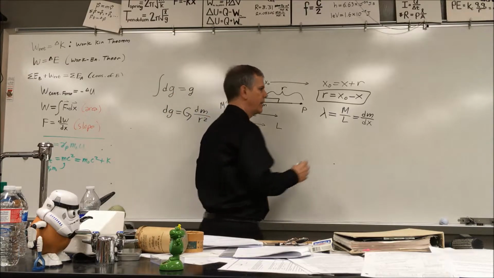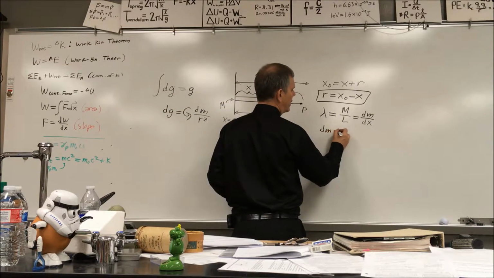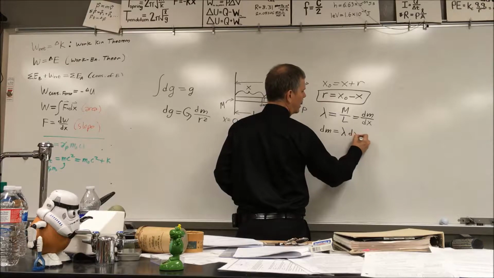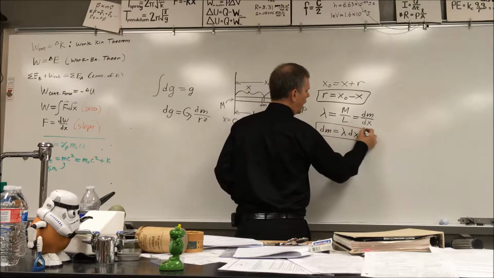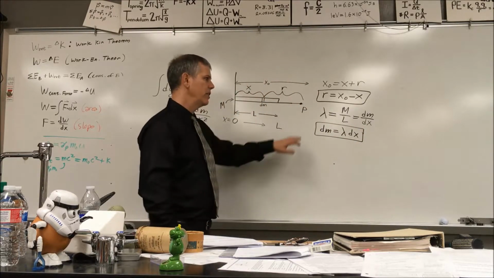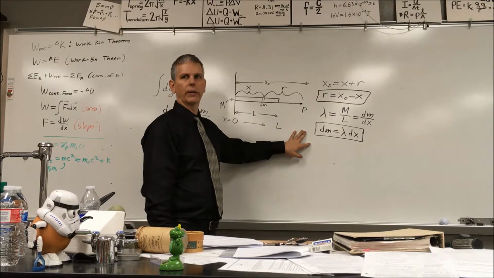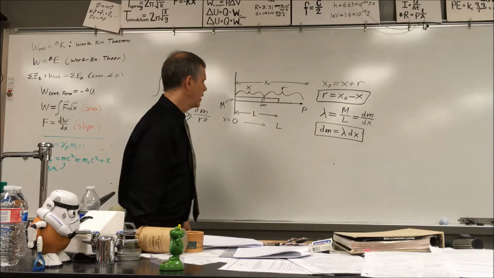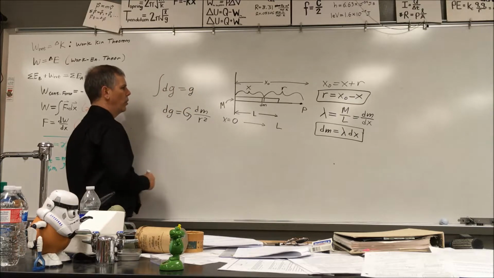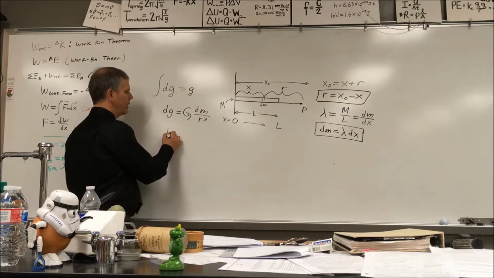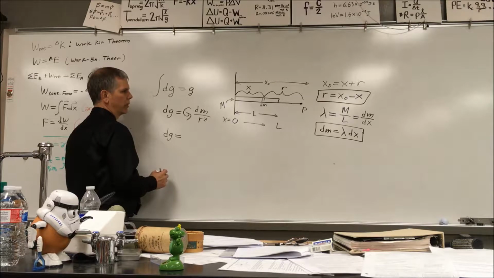So we now have found that dm equals lambda dx, and that really is the trick. If you didn't know how to do this, this problem would be impossible. That's actually the trick.